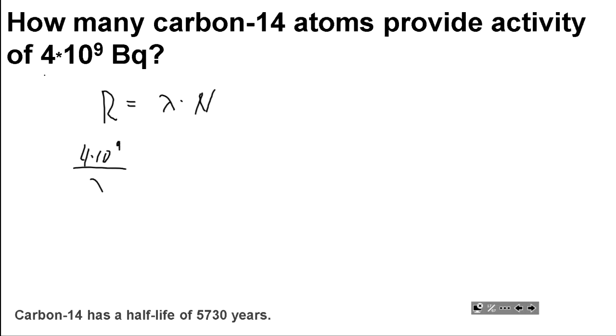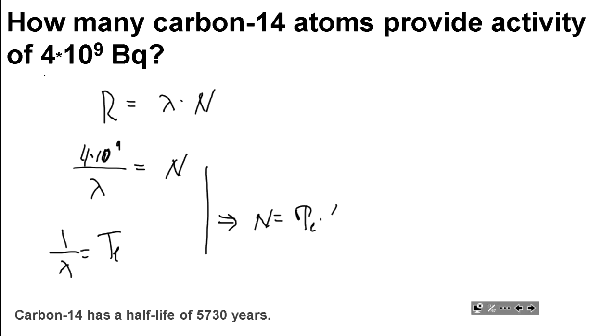We need to divide it by the decay constant to get this number. How do we get the decay constant? Well, the decay constant is related to lifetime. So, lifetime times 4 times 10 to the 9th.